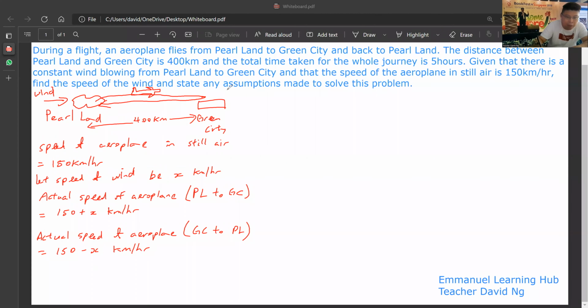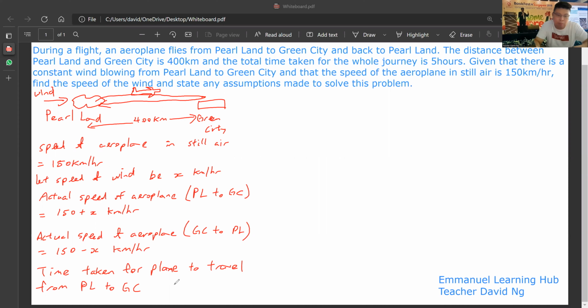Let me write out the time taken for the plane to travel from Pearland to Green City.